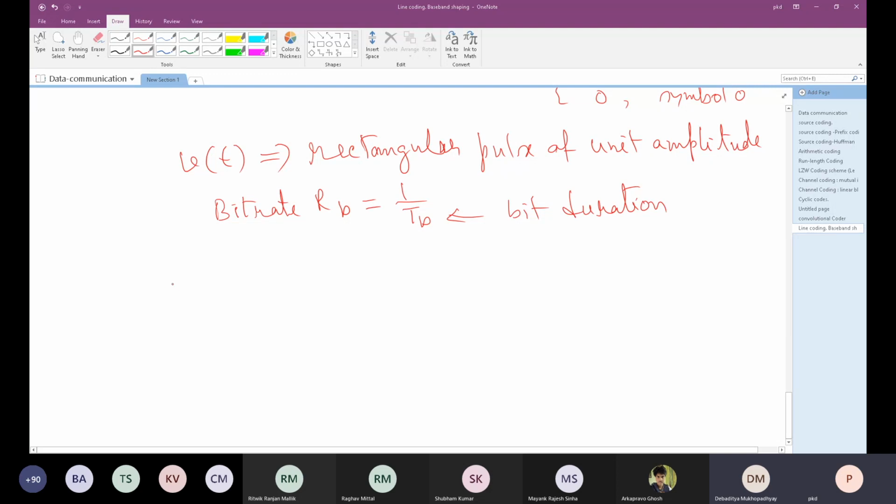Now because a_k we have assumed is a discrete random process, and to give predictability, we assume that this random process is a stationary random process.